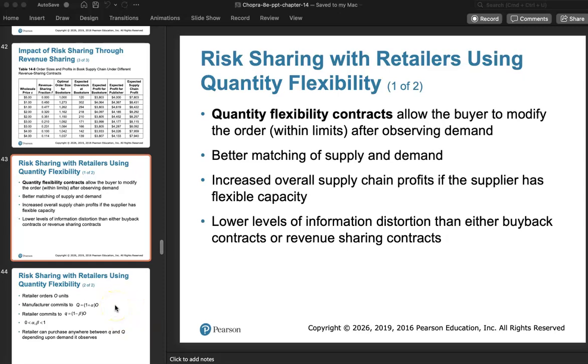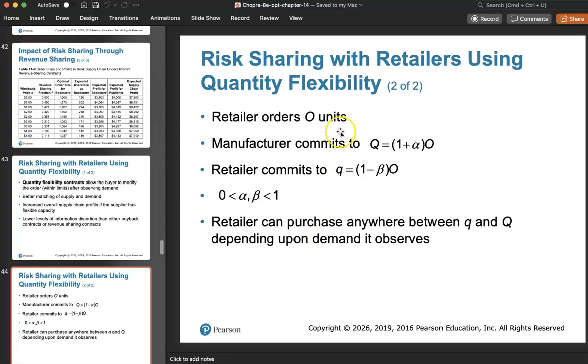So how does this work? Let's say that the retailer orders some units, let's call it O. The manufacturer commits to supplying anywhere between a number that's slightly more than O and a number that's slightly less than O. Let's say the retailer says we are going to order 1,000 units.